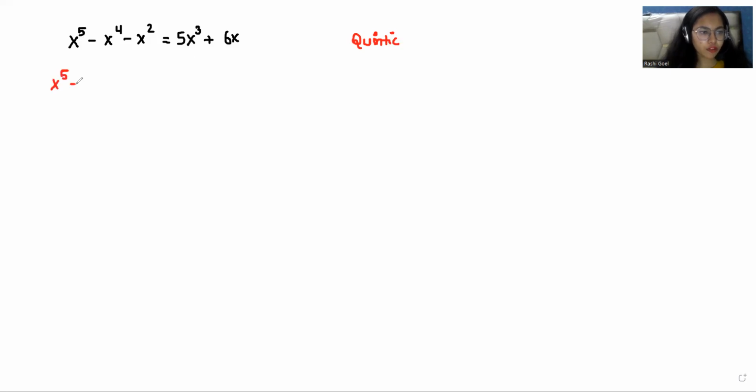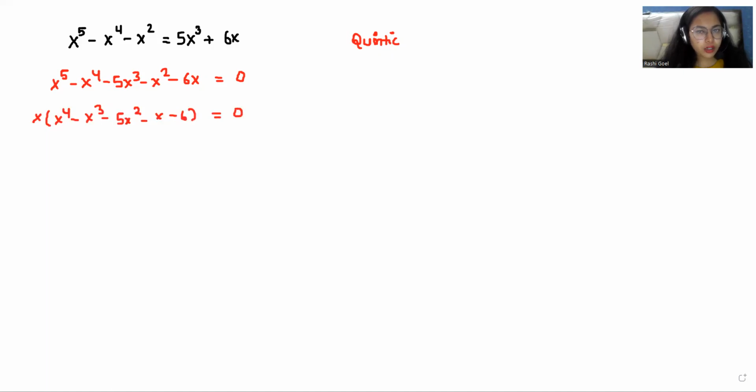So x^5 - x^4 - 5x^3 - x^2 - 6x = 0. Throughout the equation, I can see that every term has x, so I can take x as common. What is left? x^4 - x^3 - 5x^2 - x - 6 = 0.